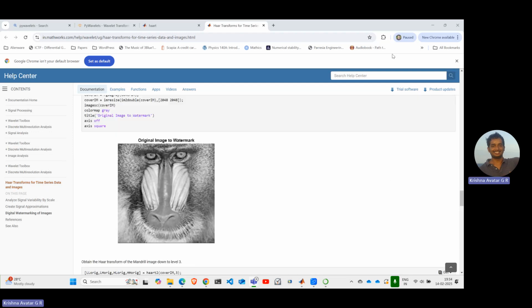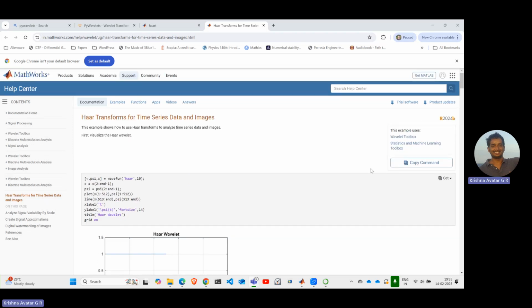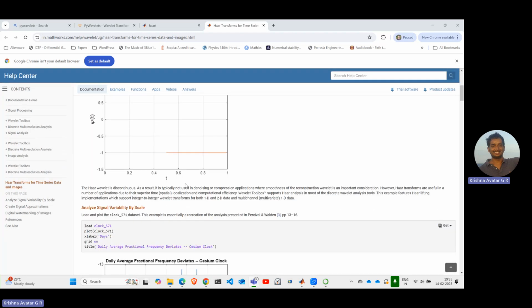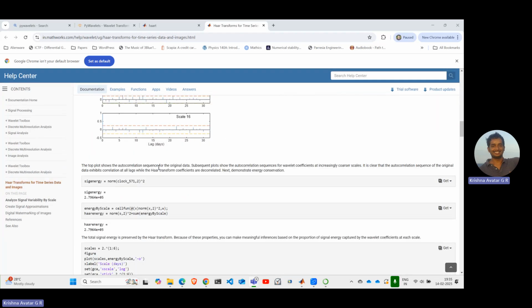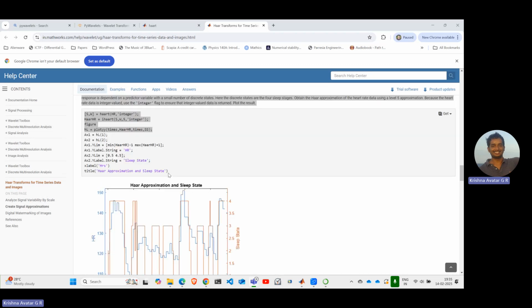So last time we had discussed the Haar wavelet and Haar transforms, and I believe I was following these open access tutorials by MATLAB. We had visualized the Haar wavelet and also did some analysis of signal approximations.